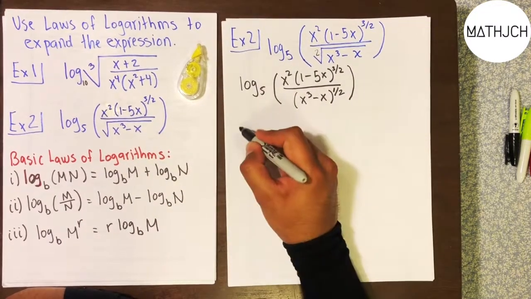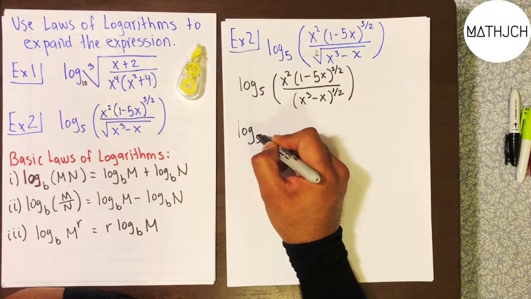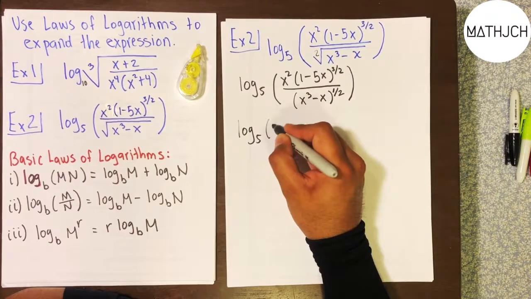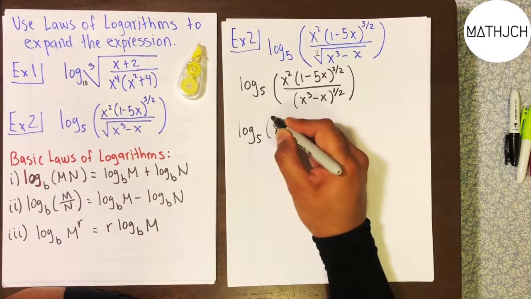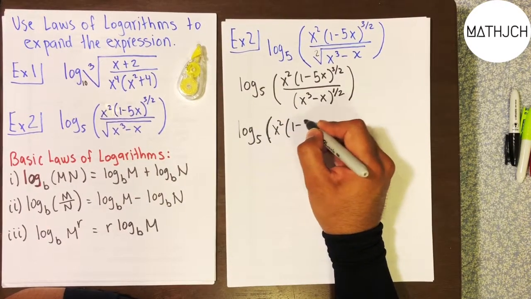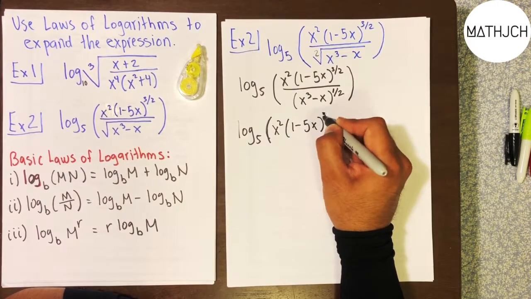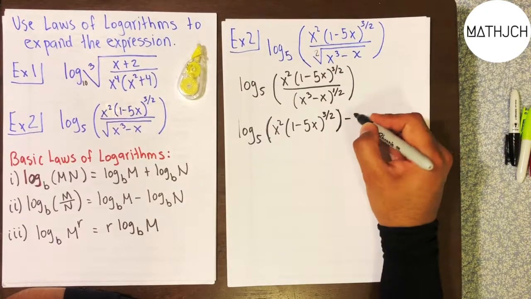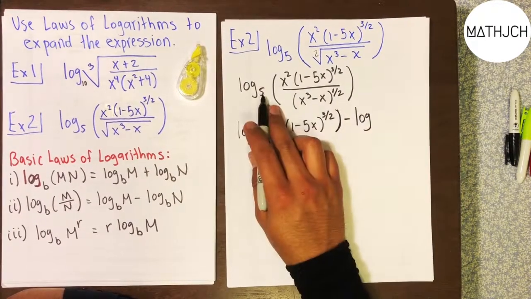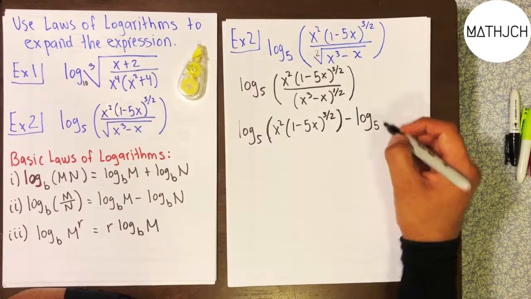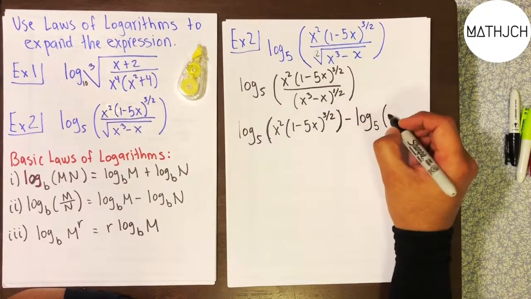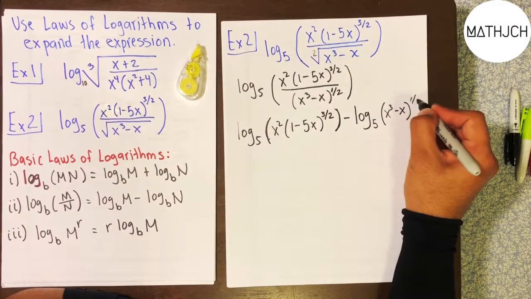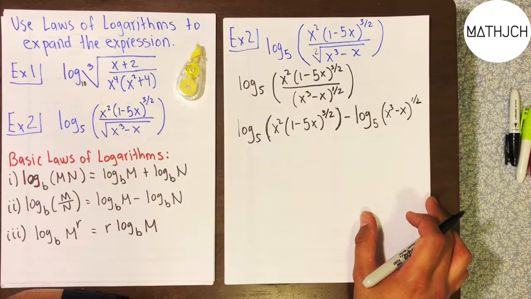So it will be log base 5 of the top, which is x squared multiplying 1 minus 5x with power 3/2, minus log of the same base of the denominator, which is x cubed minus x and everything to the power 1/2. Okay?